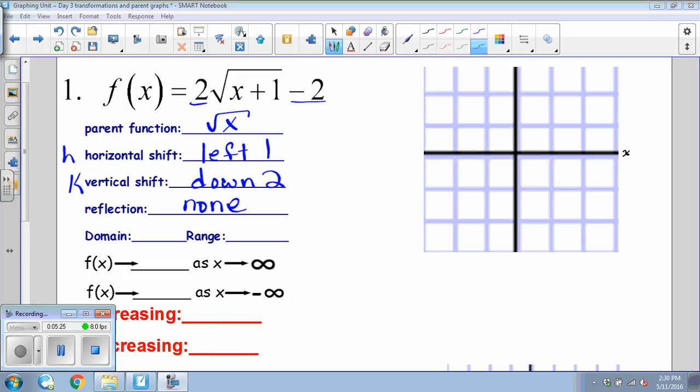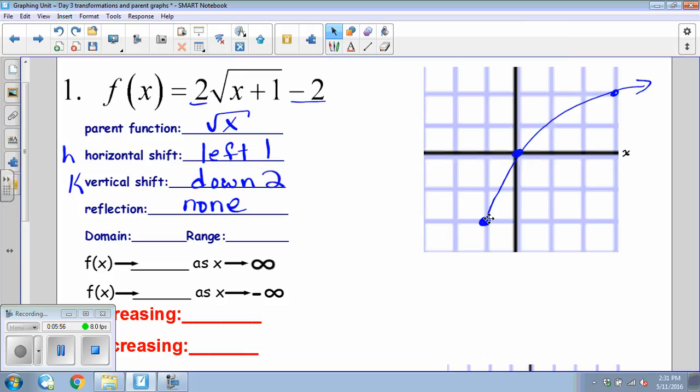Okay, and you can pick out some coordinates by looking at the table just to make sure you have it graphed correctly. -1, -2 is a coordinate. 0, 0 is a coordinate. And 3, 2 is a coordinate. This graph looks like this.